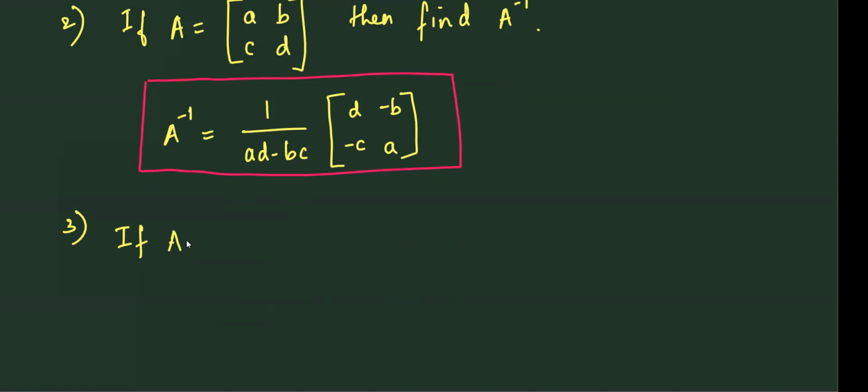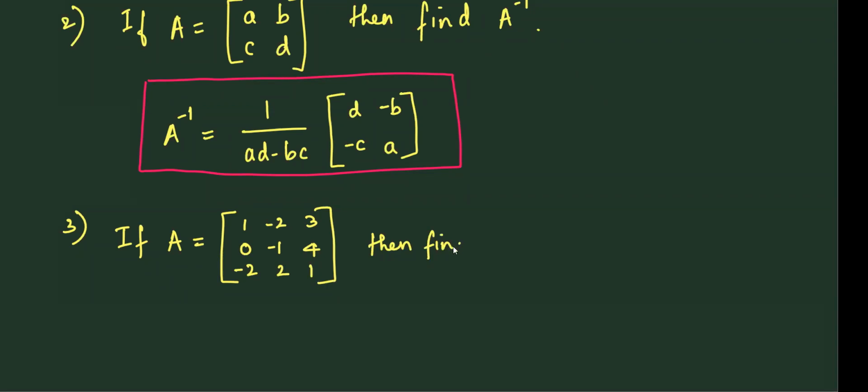If A is equal to the matrix with rows 1, minus 2, 3; 0, minus 1, 4; minus 2, 2, 1, then find A inverse.